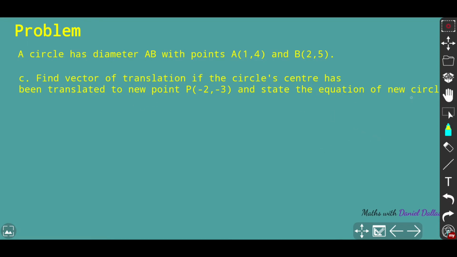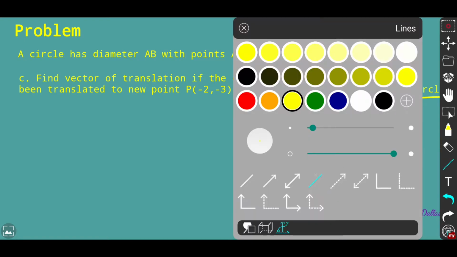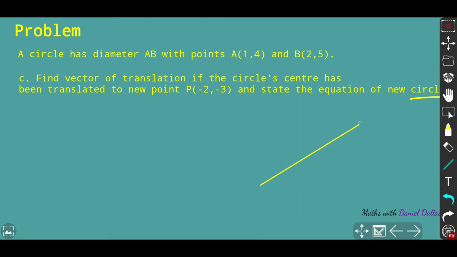So I'm just going to come back to the center O with coordinates 1.5 and 4.5, and now we need to move, using the vector of translation, somewhere down, obviously, because the coordinates are negative, to the point P with -2 and -3. So OP is the vector of translation.